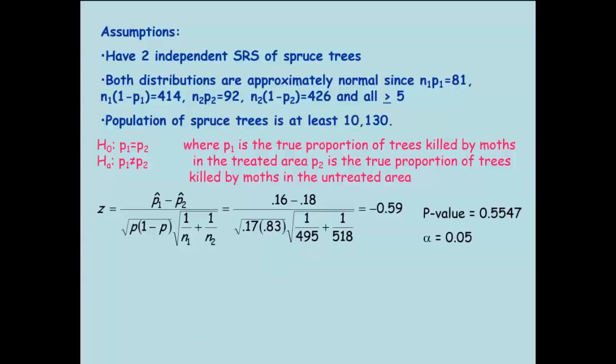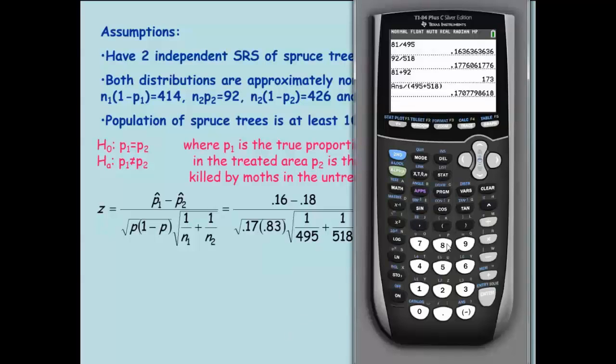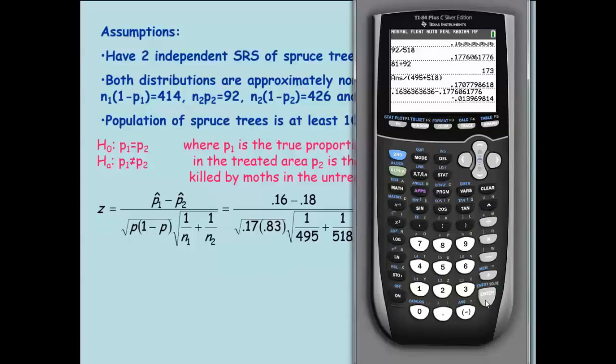Okay, so let me get my calculator back out again. Let me show you how we get these other numbers from typing in the buttons. So I want to subtract the two numbers. So the 0.16 minus the 0.177. And I got negative 0.039.